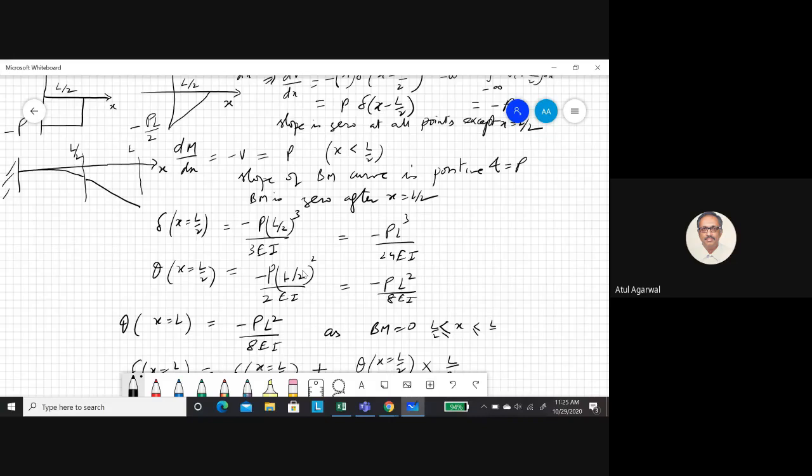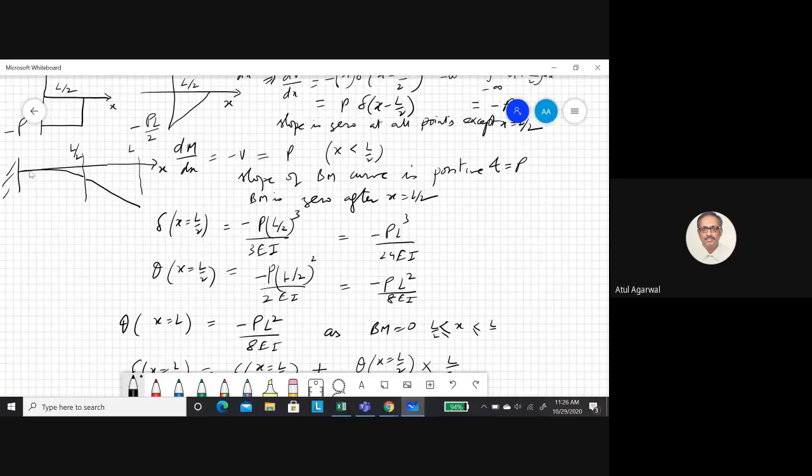Okay, okay. So you see this is the rotation at this position x equal to L by 2. Now you see after L by 2 your moment is 0. So there won't be any rotation of the cross-sectional plane. Your beam becomes like a straight line.